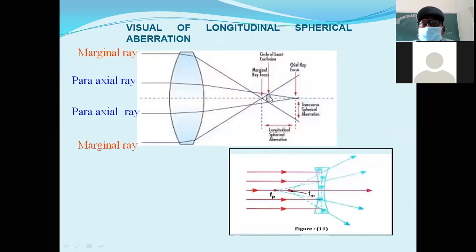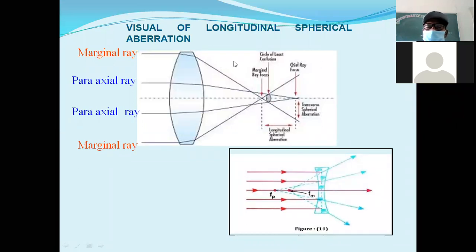This position is called the circle of least confusion. Here, the image is formed with lesser defects. The defect in the image is very high, either at this point or at this point.